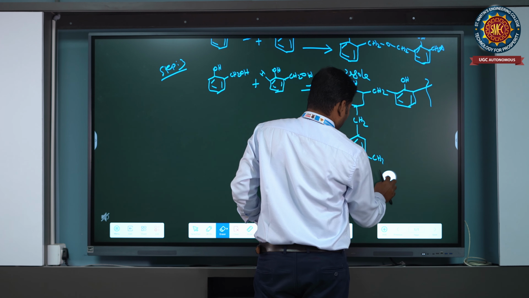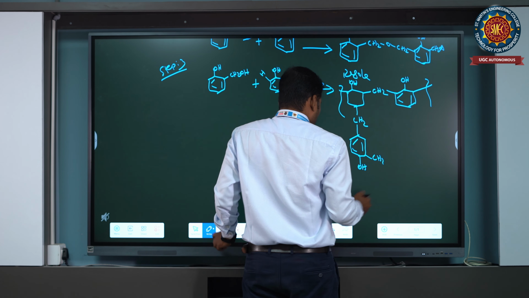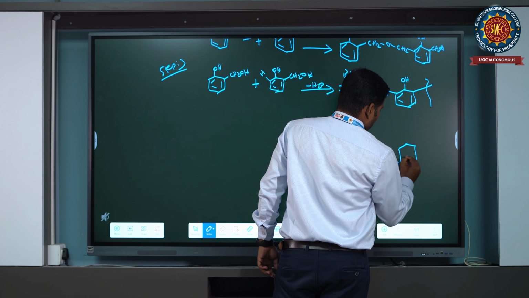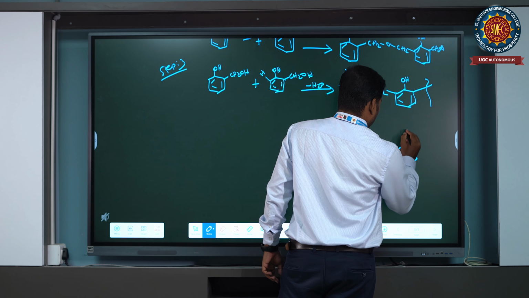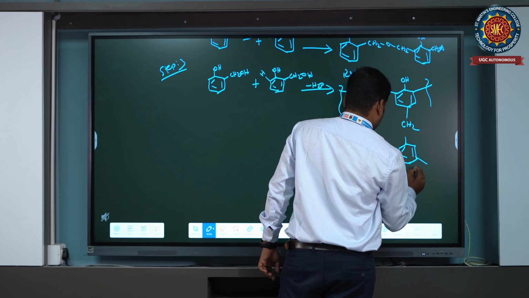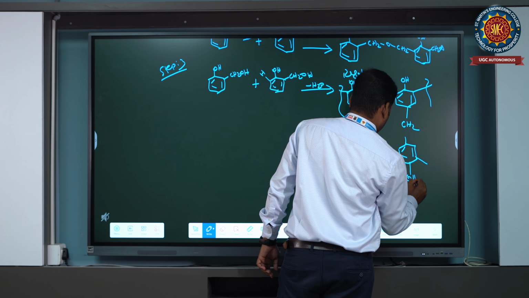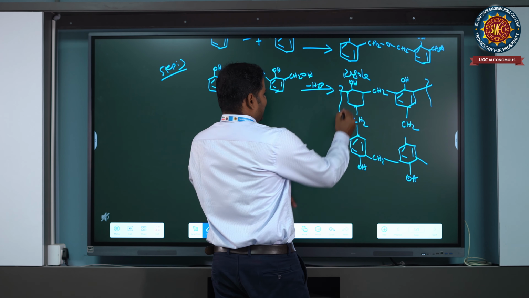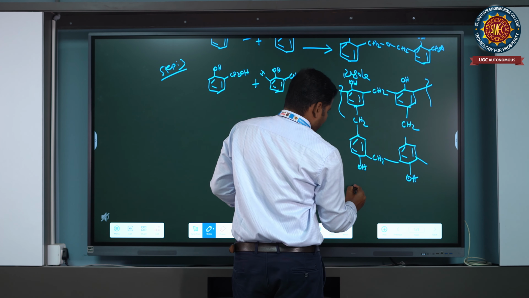formation of cross-linked polymers, CH2, bakelite. The bakelite molecular structure is cross-linked polymers.